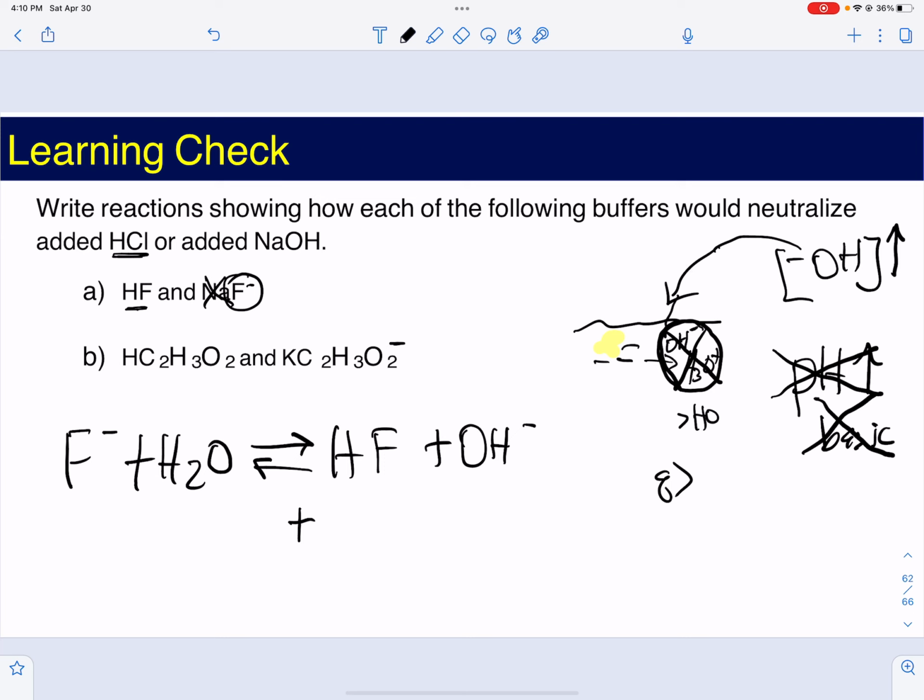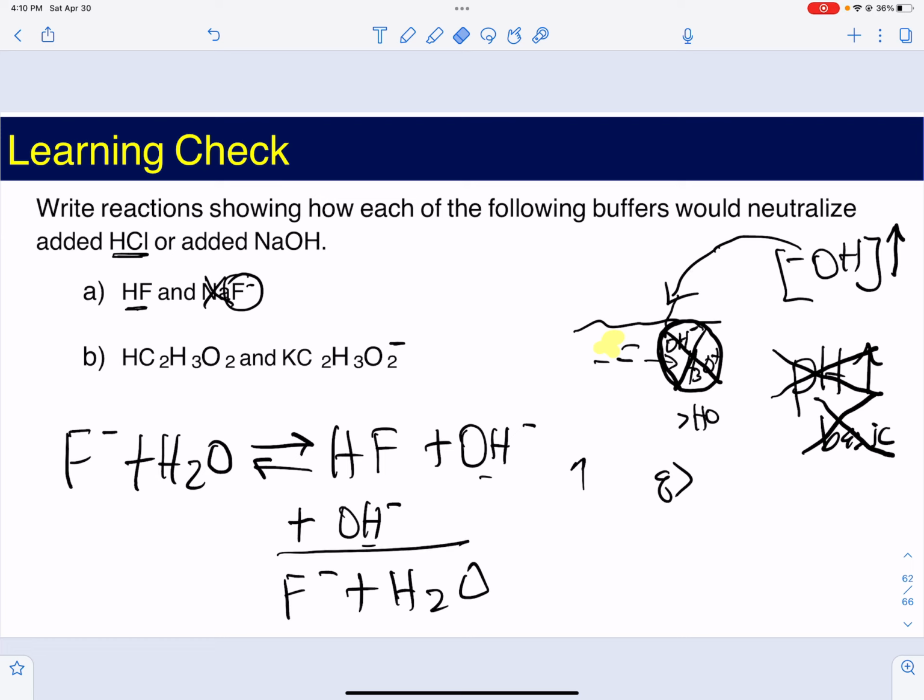So if I add OH negative, instead of these two combined to increase, it's going to react with the HF, producing F negative plus water. So at no moment does the OH concentration increase, because immediately it's transformed into water. So that's how we represent that with a chemical equation.